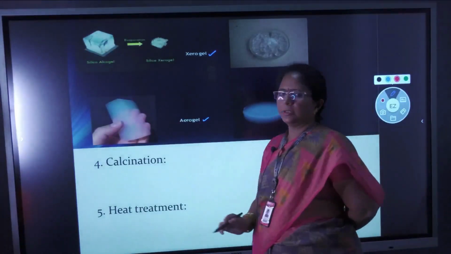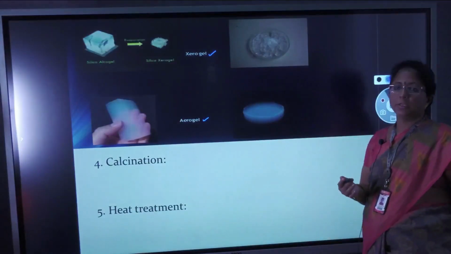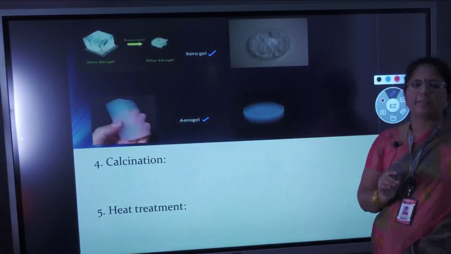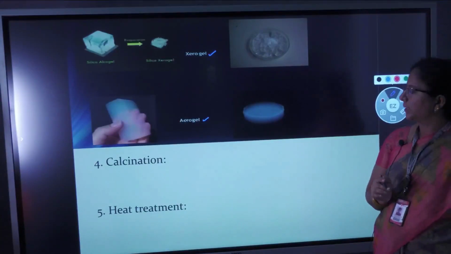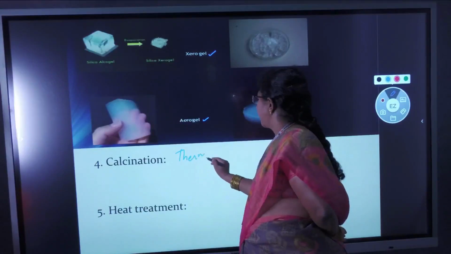Next, calcination. Calcination means nothing but the process of heating a material to high temperature but below its melting point. That means thermal decomposition takes place.